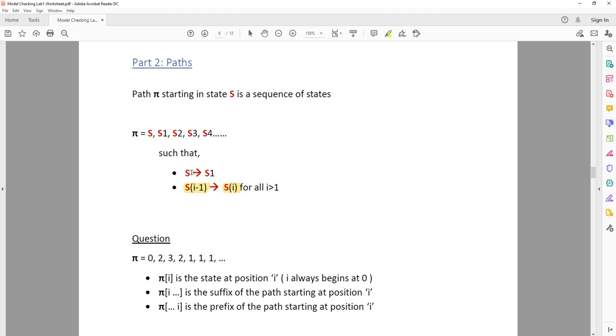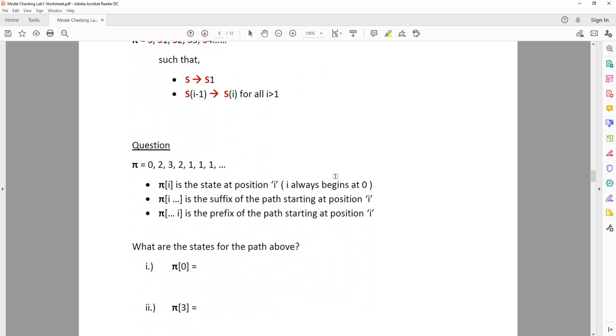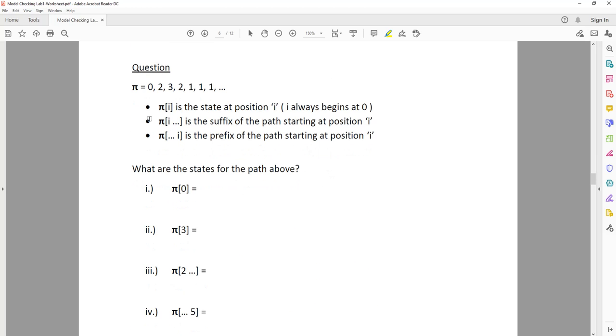And if you're in a current state, you can transition to a successor. So our question: we have a path 0, 2, 3, 2, 1, 1, 1, etc. The path at index i is the state at position i. And notice that i always begins at 0.